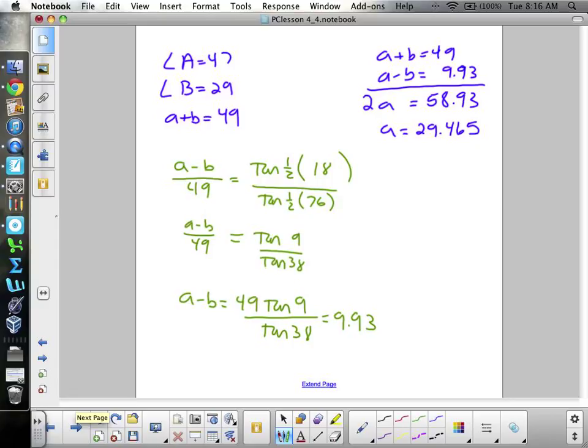Okay. So b is going to be 19.535. Or about 29.5 and about 19.5, probably to the nearest tenth would be fine. So there's a and b.